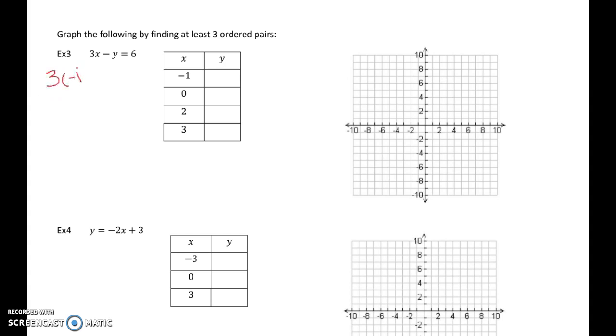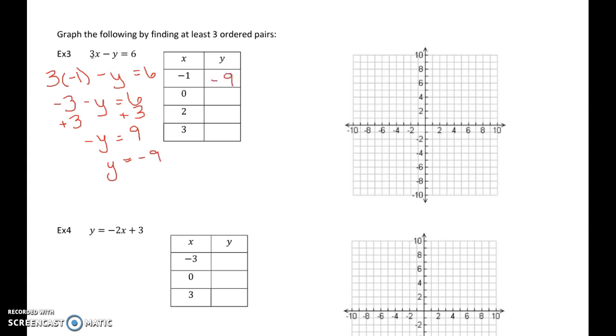3 times negative 1 minus y equals 6. We'll do a little bit of algebra here. Trust that you're good at this. Get negative y equals 9. So y equals negative 9.